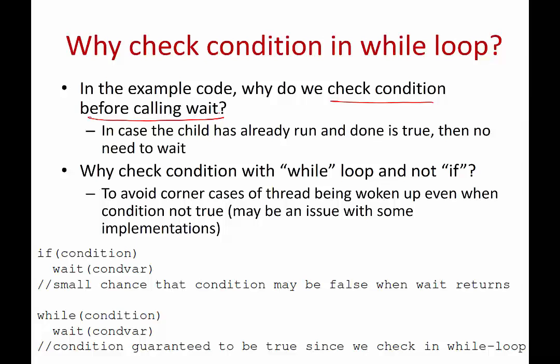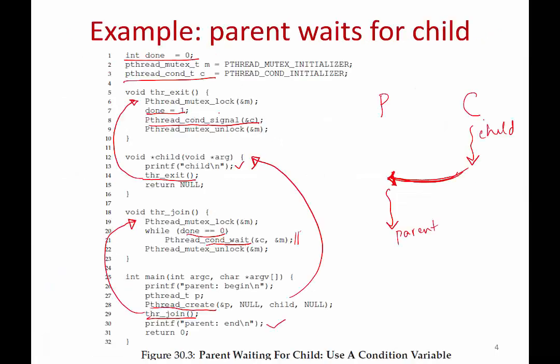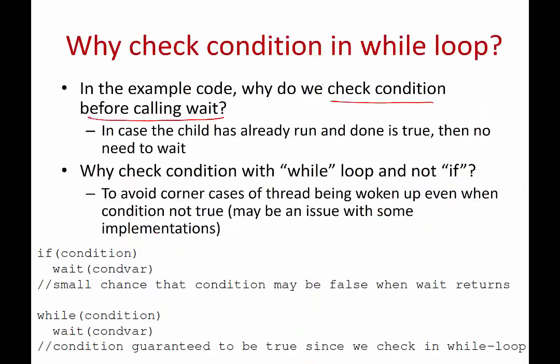And also there's another subtle thing here. It would have been enough if you simply checked the condition in an if statement, right? You can simply say if done is 0, then wait. So why do you check the condition in a while loop, right? Because this is a subtle point and it is just good programming practice, because sometimes some library implementations may cause a spurious wake up.